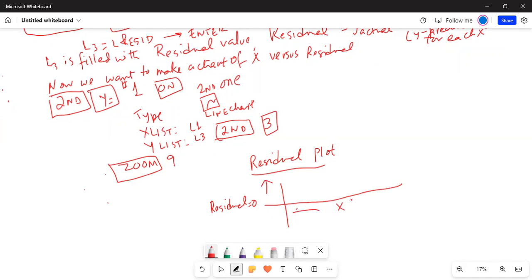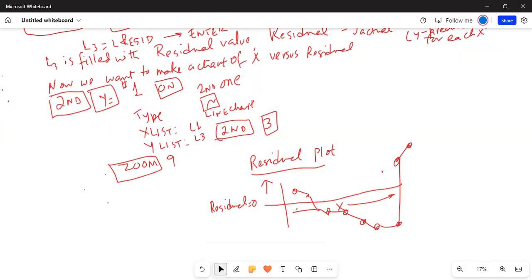The curve you're getting, at least on my calculator screen, is something like this. So we can conclude, let me write it down.